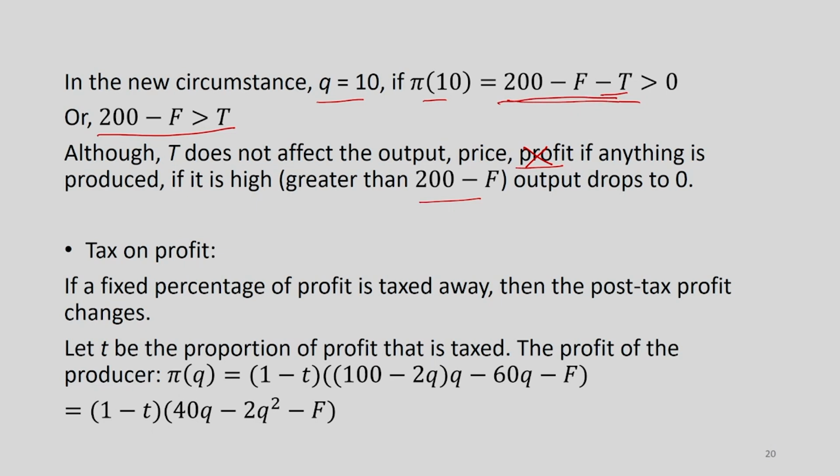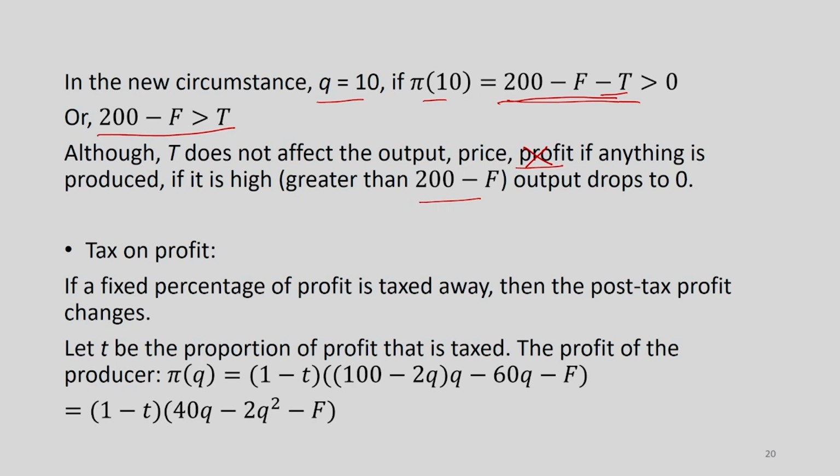The optimal output and price remains the same in case of lump sum tax, provided the producer is producing something positive. But whether the producer is producing anything positive or not is going to be affected by this lump sum tax. Okay, the second question is tax on profit.